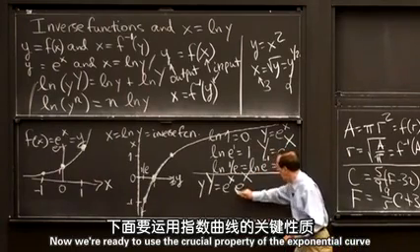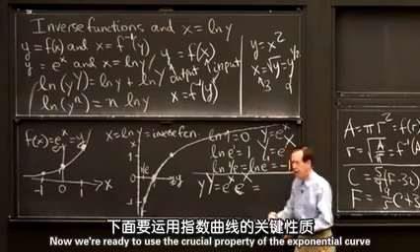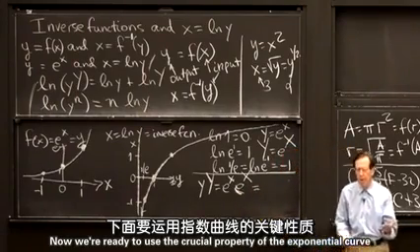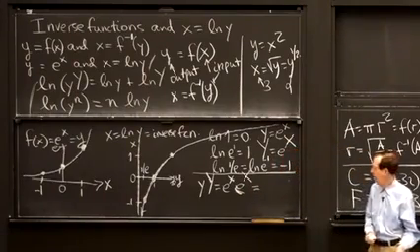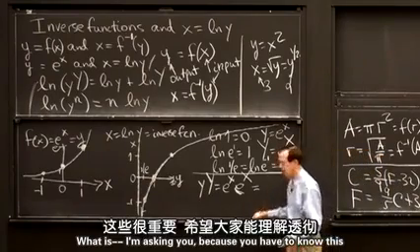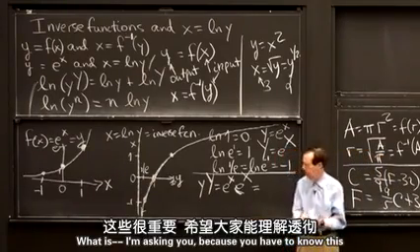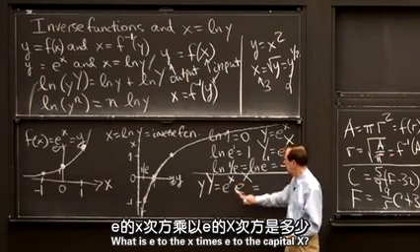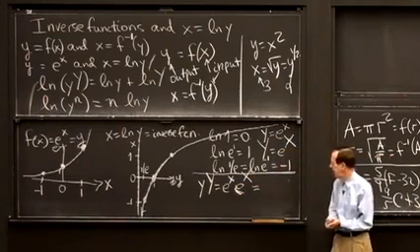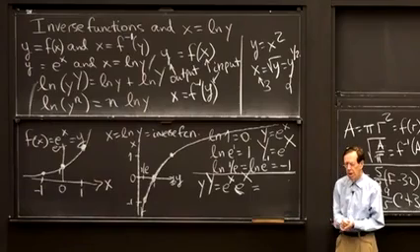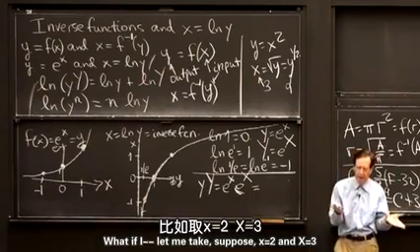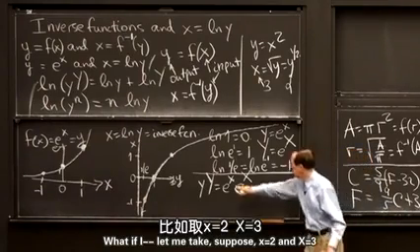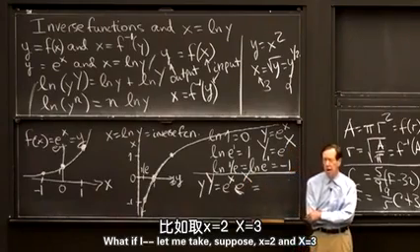Okay, now we're ready to use the crucial property of the exponential curve. I'm asking you because you have to know this: what is e to the x times e to the capital X? Suppose x was 2 and capital X was 3.